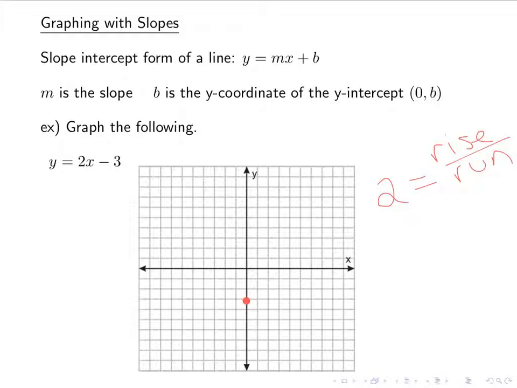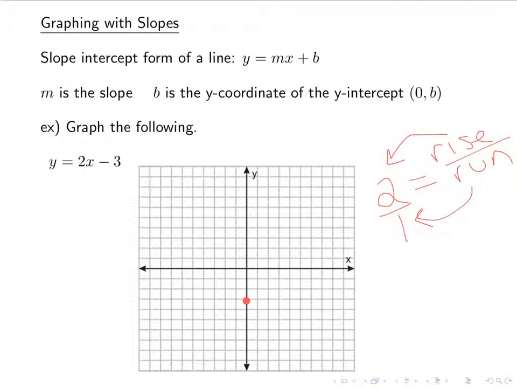So I'm going to rewrite my 2 as a fraction, and I can use any fraction that's equivalent to 2. The most obvious one being 2 over 1. So I'm going to rise 2 and run 1. So I go up 2 and over 1, and my new point is roughly right there.